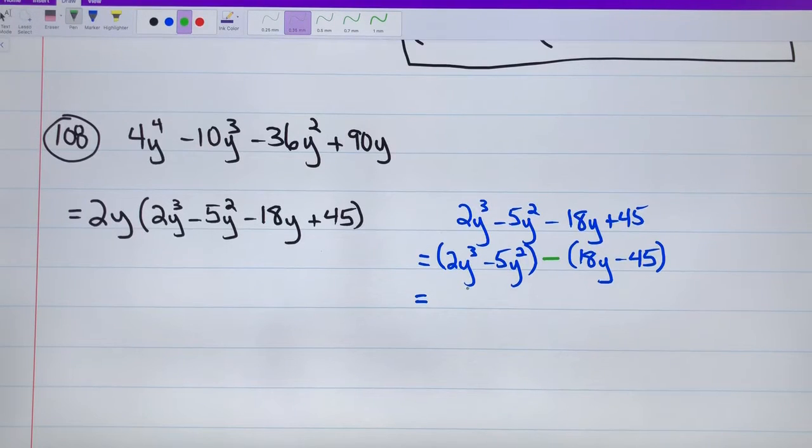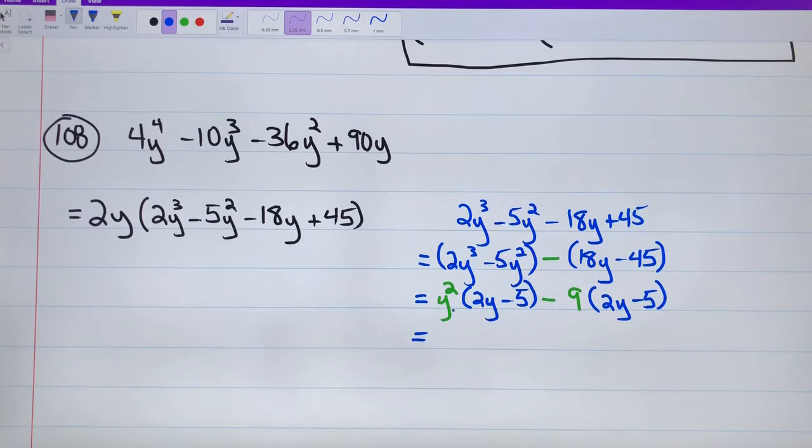For 2y cubed minus 5y squared, the greatest common factor is y to the second. Taking that out, I have 2y minus 5. Taking, once again, the subtraction and drawing out the greatest common factor between 18y and minus 45, we have 9, and 9 into 18y minus 45 is also going to be 2y minus 5.